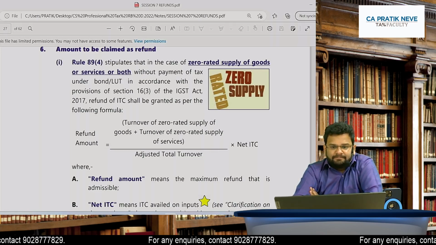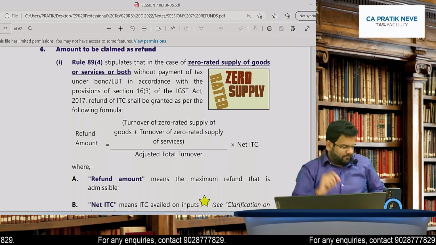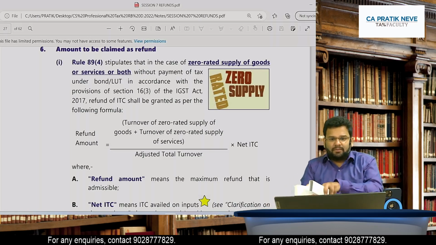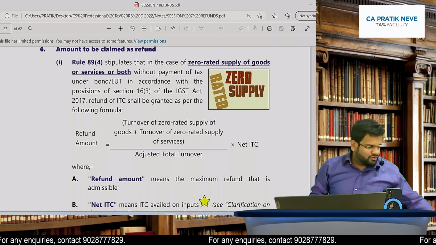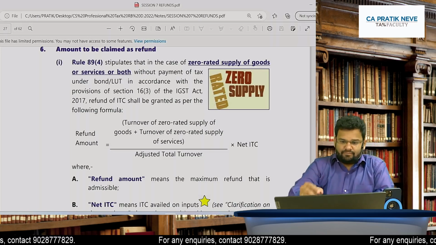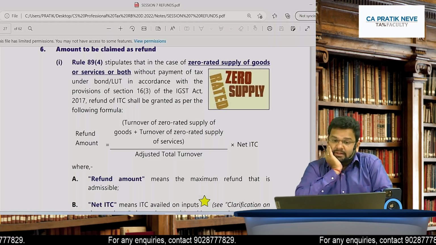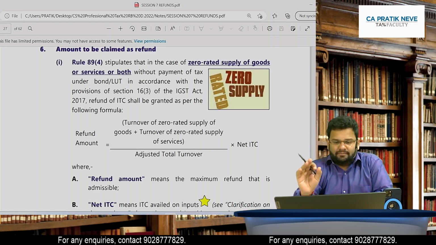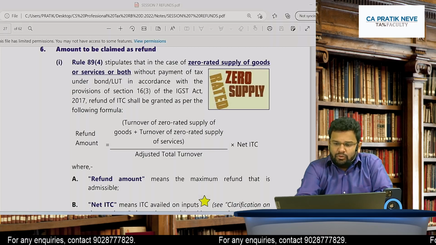See this. How much is the refund amount in case of zero rated supply of goods or services or both? Okay. This could be probable question in the exam. Now this all works on unitary method. As simple as that. This all works on what? Unitary method.